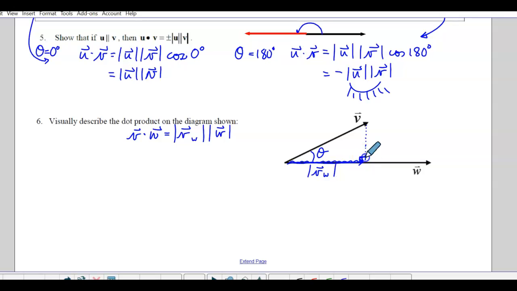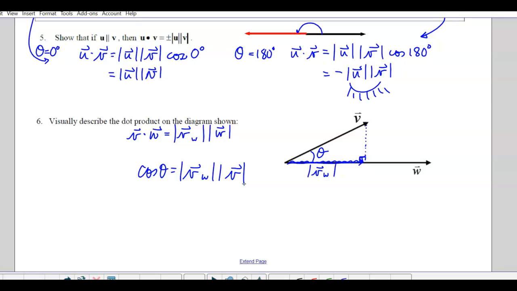This forms a 90-degree triangle. So if we think about our definition of cos of theta, back to math 10, it's adjacent over hypotenuse. Well, adjacent here is the projection of v onto w. The hypotenuse is the magnitude of v.